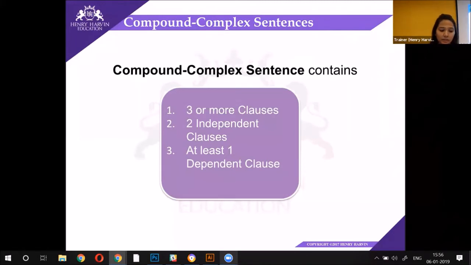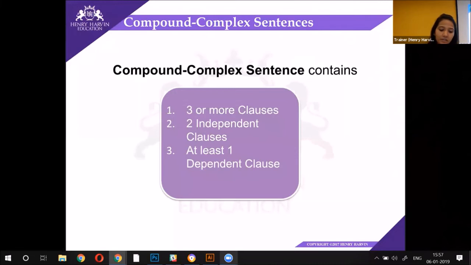Okay, this one. So when do you use a semicolon? If you have two independent clauses that are connected without a conjunction, that is when you use a semicolon. Example, I have painted the house, semicolon, because there is no conjunction here.